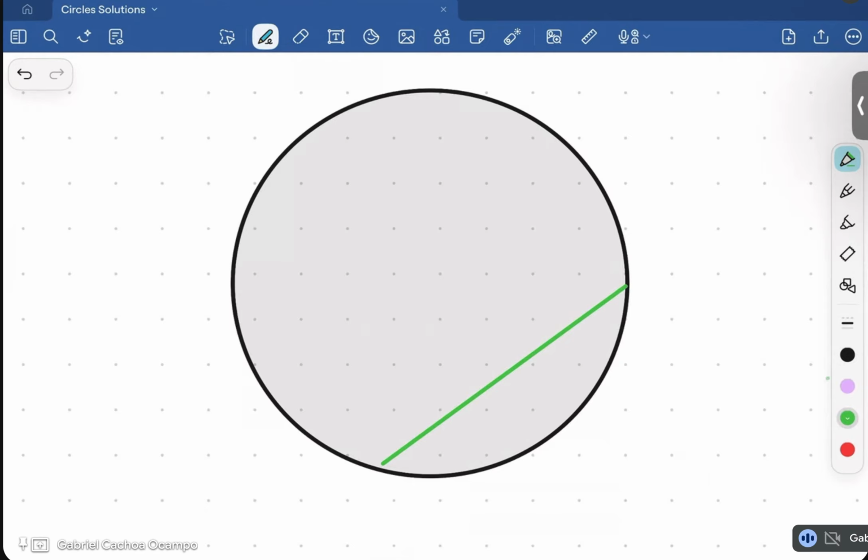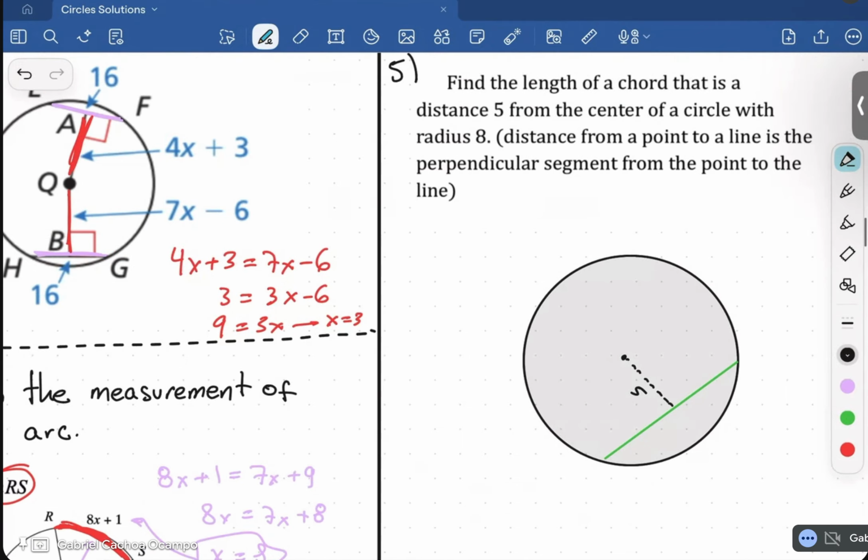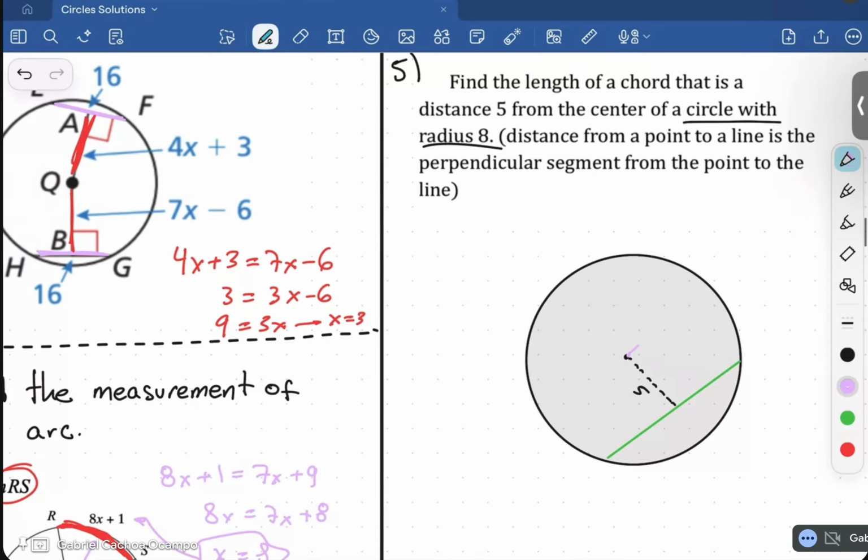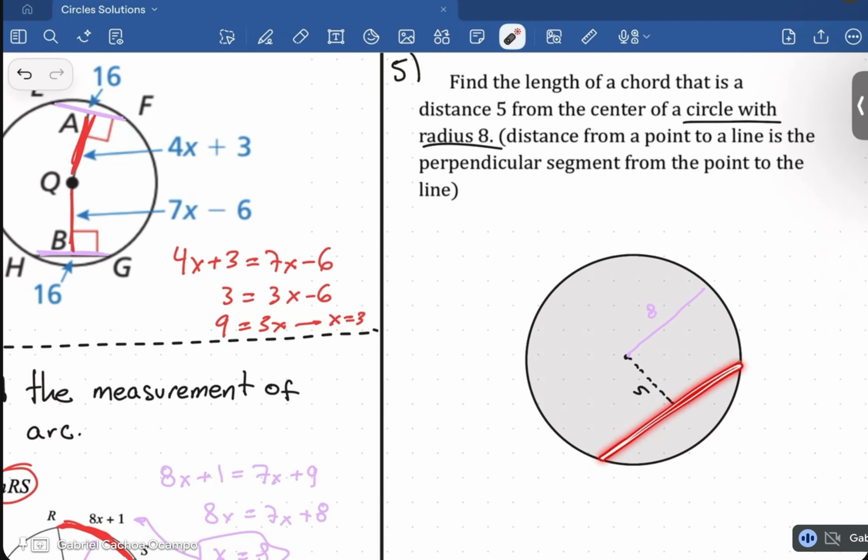I have a chord, and this chord is a distance 5 from the center. And the circle has a radius of 8. O sea, that means that a radius measures 8. And they are asking me to find the length of this chord.